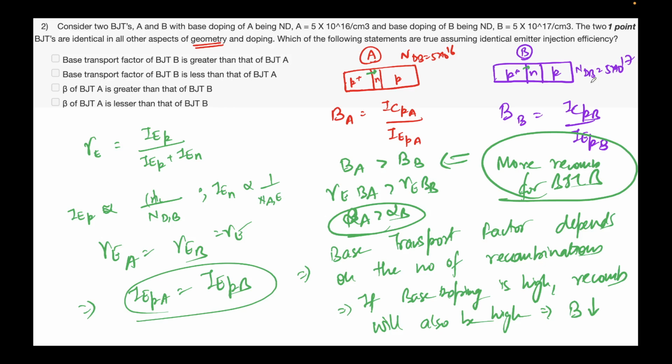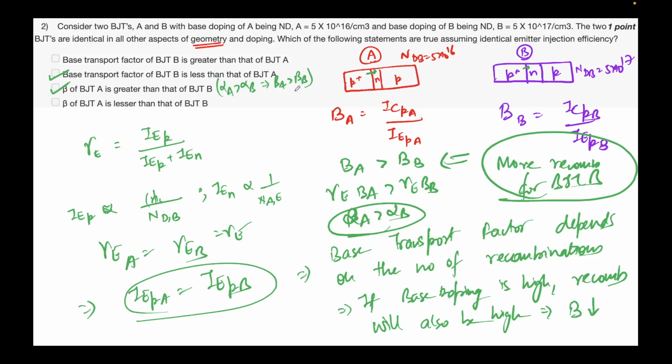So naturally there will be much less current. The base transport factor of BJT B is less because there is more recombination, and consequently beta for A will be larger than beta for B. Alpha of A is also larger than alpha of B, which gives beta of A larger than beta of B. It's straightforward.